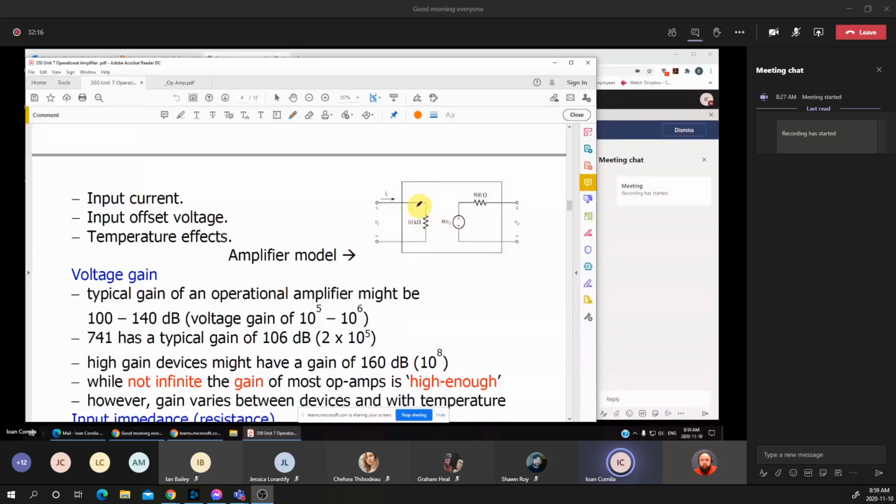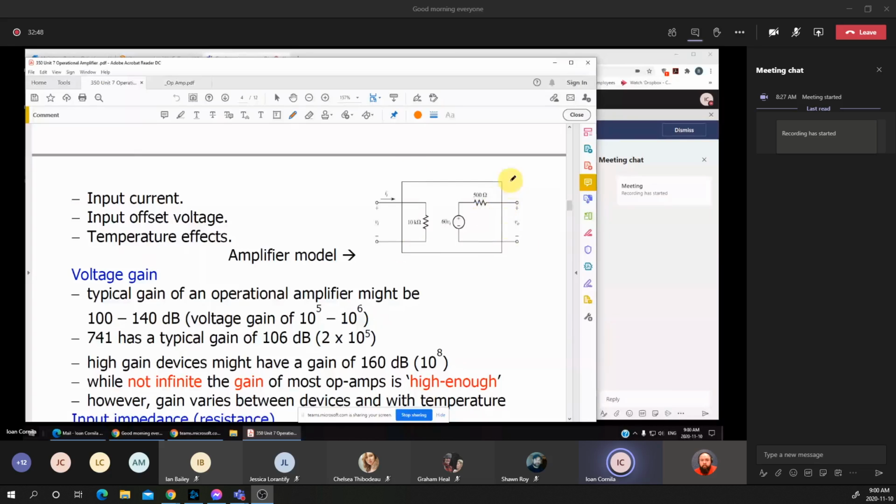We may see an input impedance of 10 kilo ohms, 100 kilo ohms in this range, or higher than that, depending on the type of the op amps. We may see a gain in voltage, which can be symbolized with a voltage source, and a low resistance or low impedance on the output of the circuit.